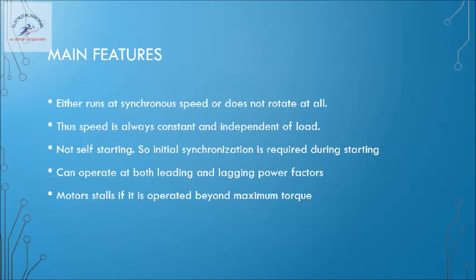But what happens to the synchronous motor is, once it is overloaded, it loses synchronism and it stops. So it will try to rotate at synchronous speed up to the maximum torque which it can provide. Once the maximum torque is crossed, the motor loses synchronism and comes to rest. So that is called stalling.